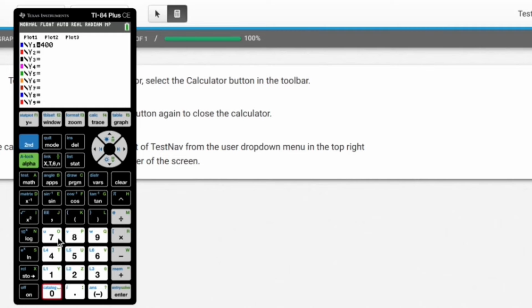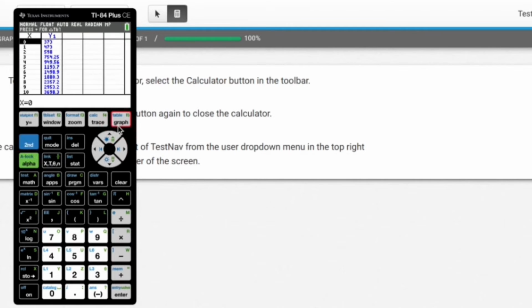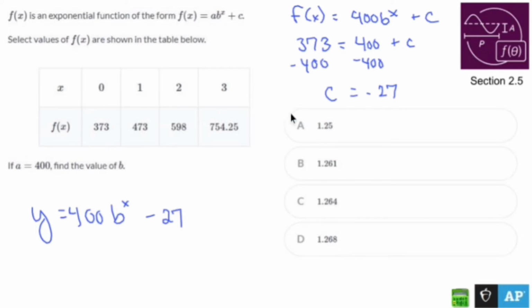A gave me 1.25 as my b, so parentheses 1.25, close it, to the x, and make sure you move to the right and not put it in your parentheses or exponent area. Subtract out 27. Now, in order for this to work, I really want to look at my table of values for 0, 1, 2, and 3. So let's go to second graph, and 0 matches up, and so does 1, and so does 2, and so does 3. Look at that. The answer is A. It worked. Hooray! A is my answer.